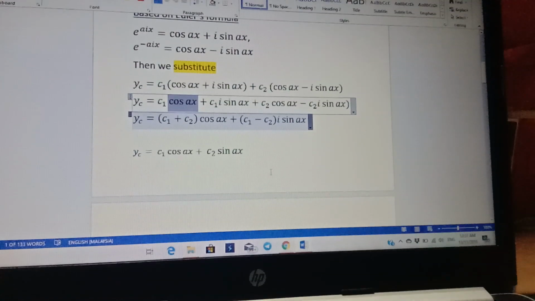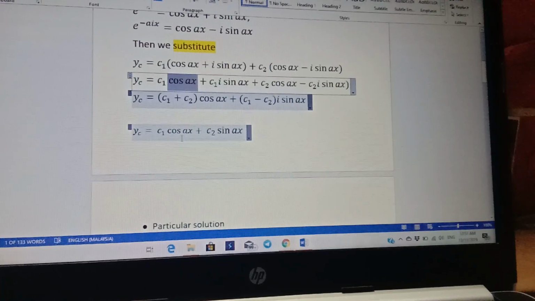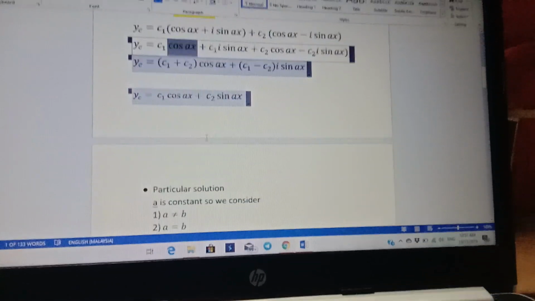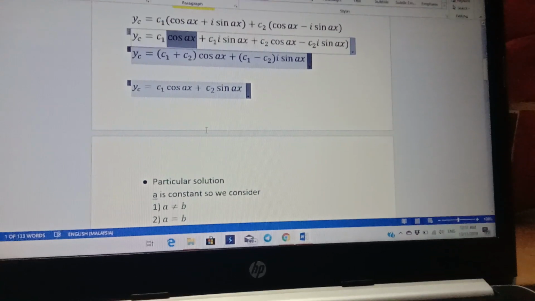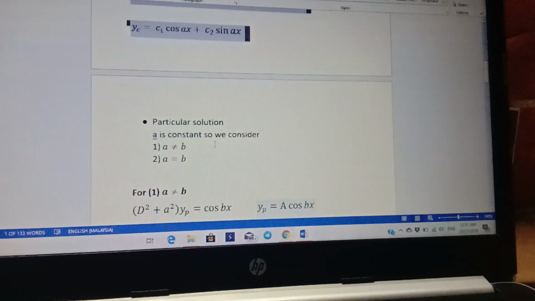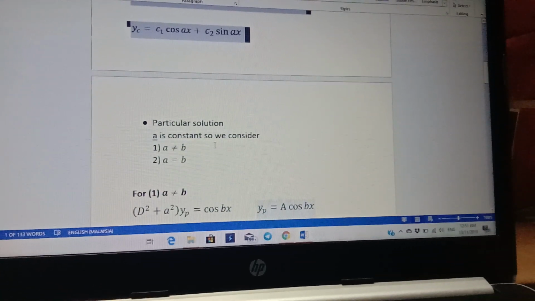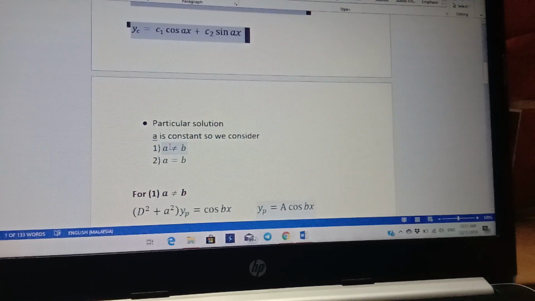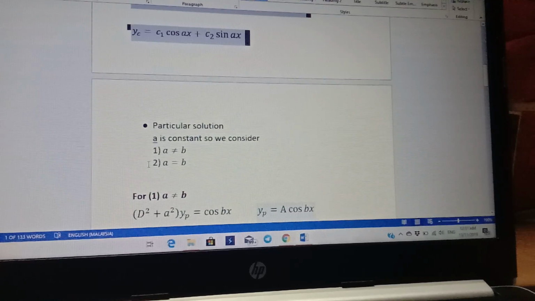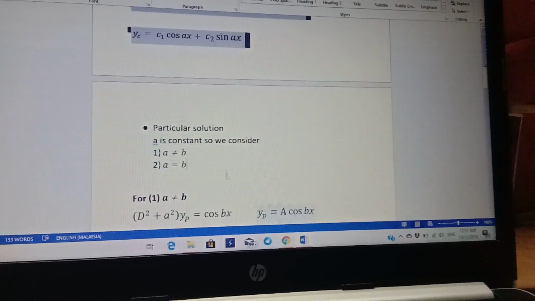So we get yc is c1 cos ax plus c2 sin ax. For this theorem, there is a particular solution, and because a is constant, we consider two cases: first, a not equal to b, and second, a equals b.